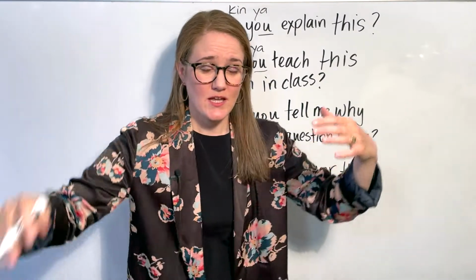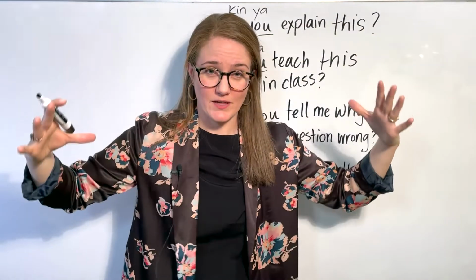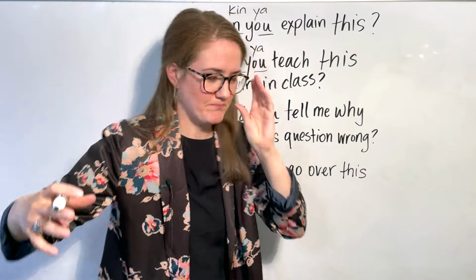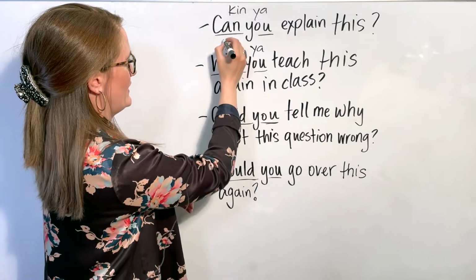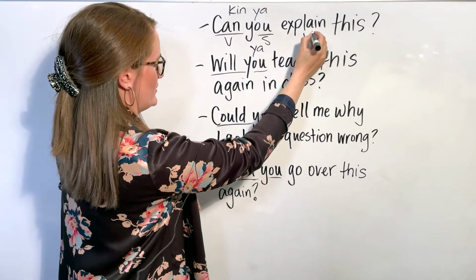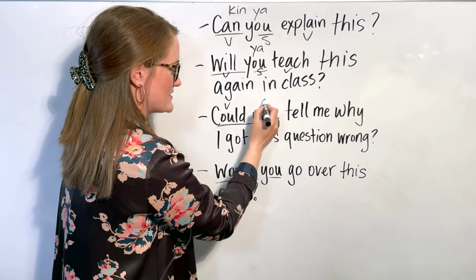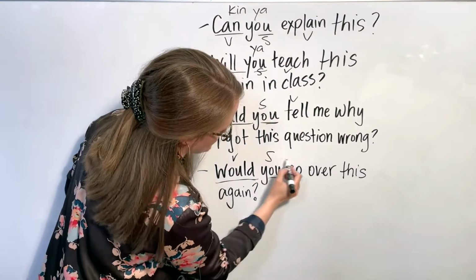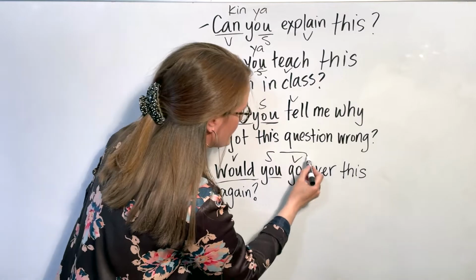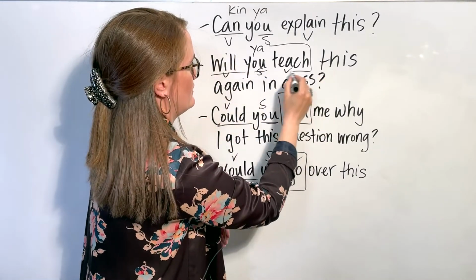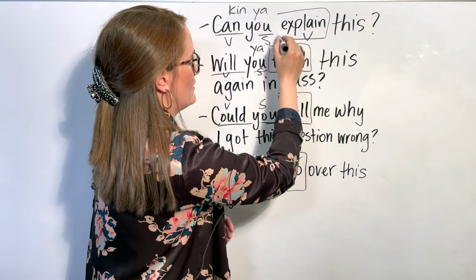Like, imagine that the verb is the umbrella and one kind of verb is a modal, okay? So we have verb, subject, verb. And the second verb is our main verb.